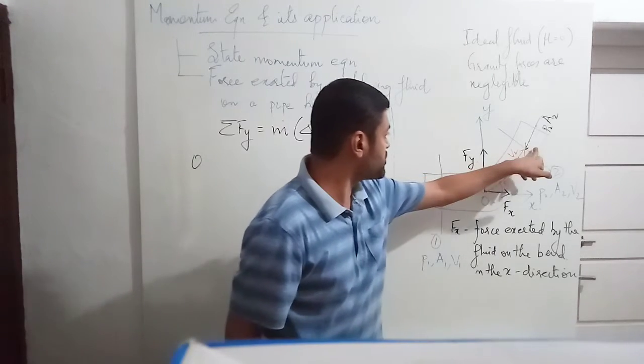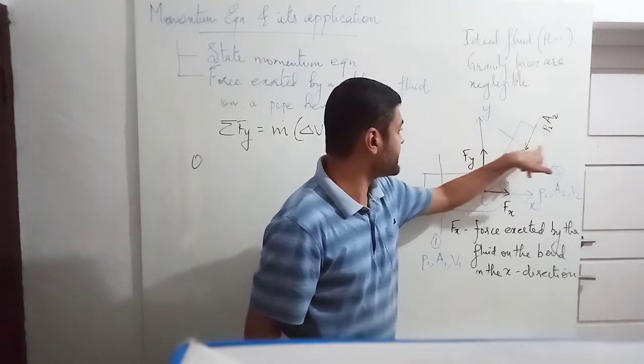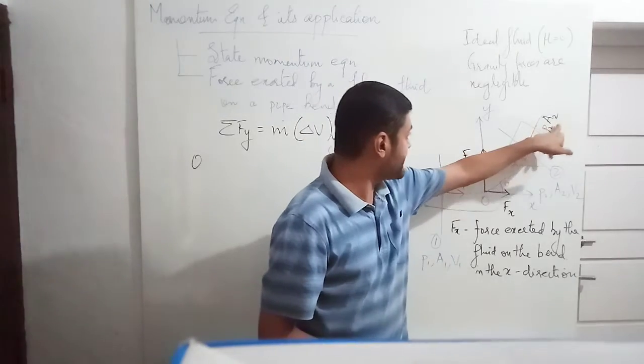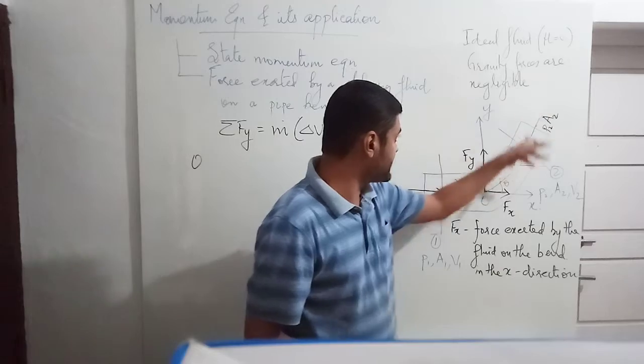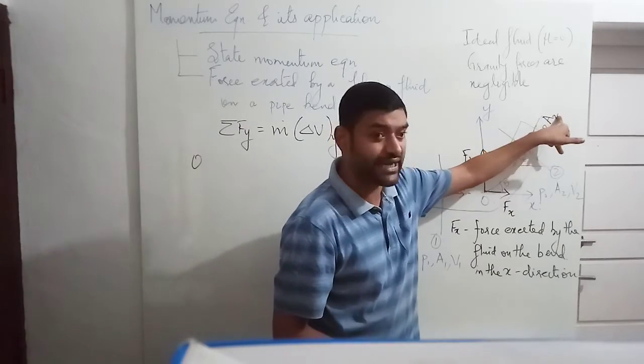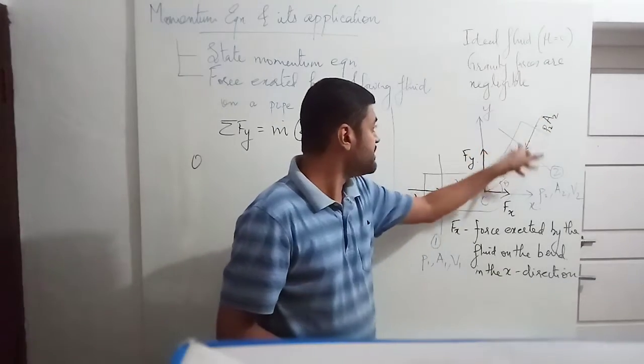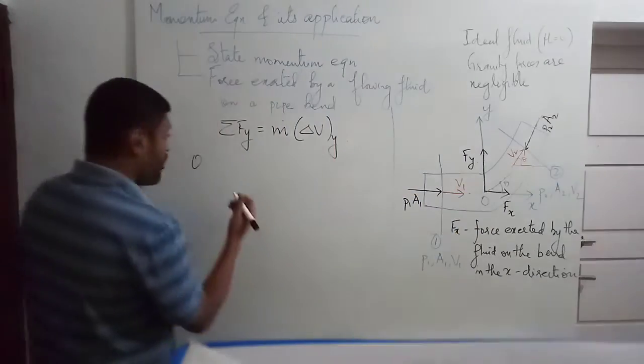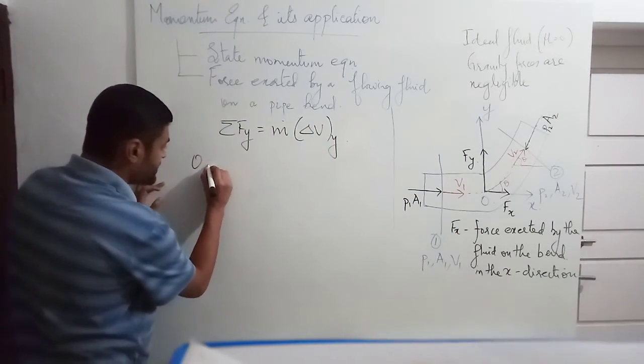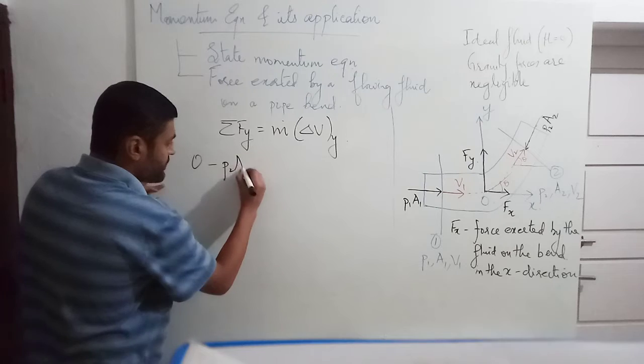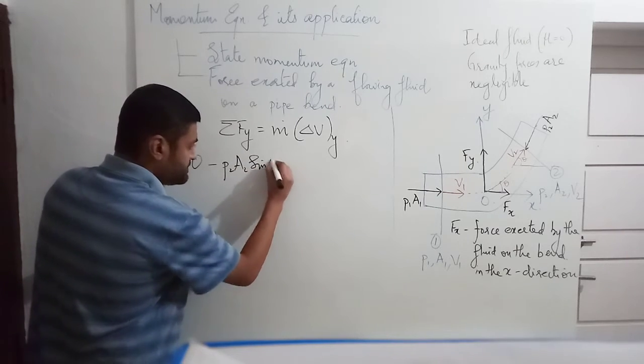Now at section 2, I am having P2 acting at an angle theta with respect to the horizontal. So taking the component of P2 A2 in the vertical direction, that will be P2 A2 sin theta, and it will be directed vertically downwards, or in the negative y direction. Therefore I will put minus P2 A2 sin theta.